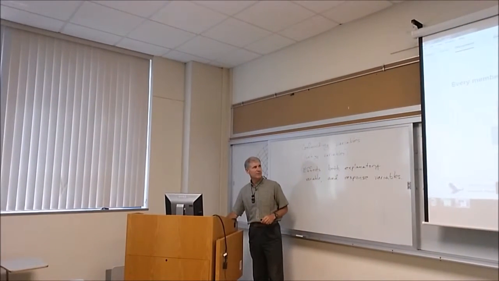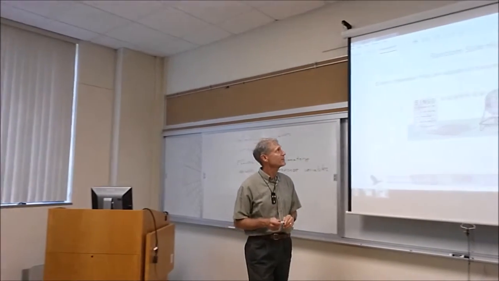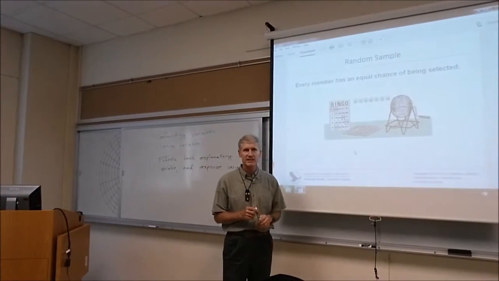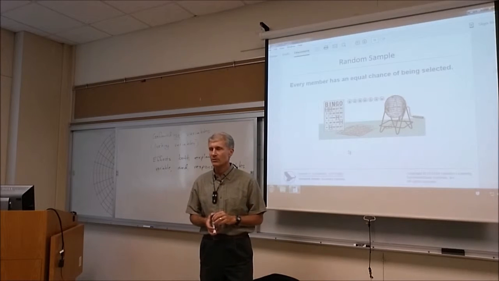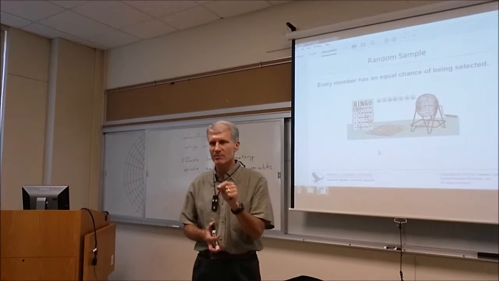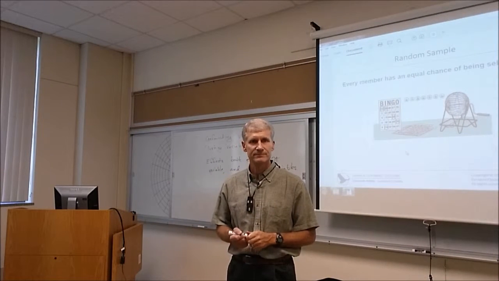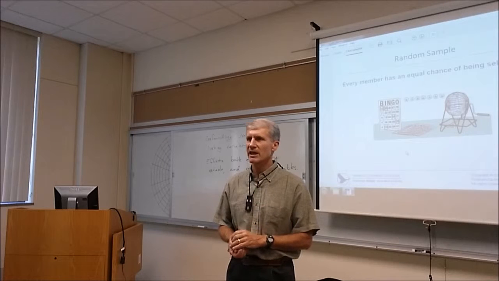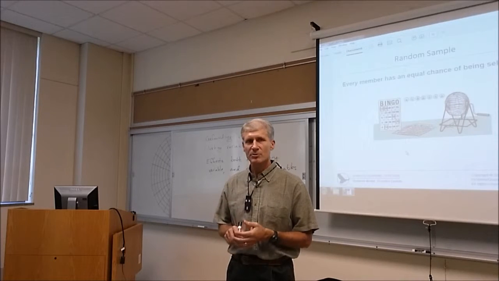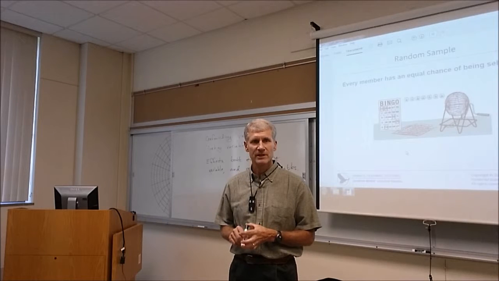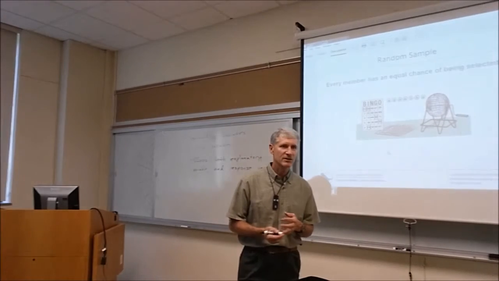A random sample is a sample where every member of the population has an equal chance of being selected. Right? So anytime that statement is true, you've got a random sample. Okay? So let's suppose I want to take a sample of 50 Washburn students.